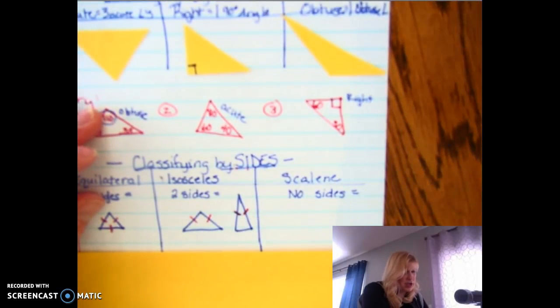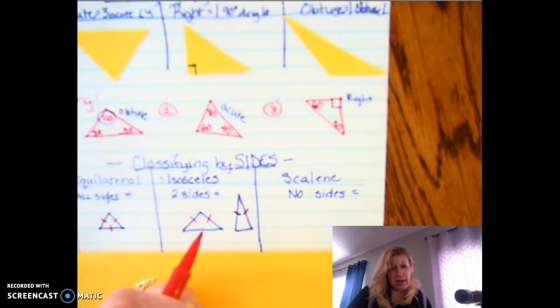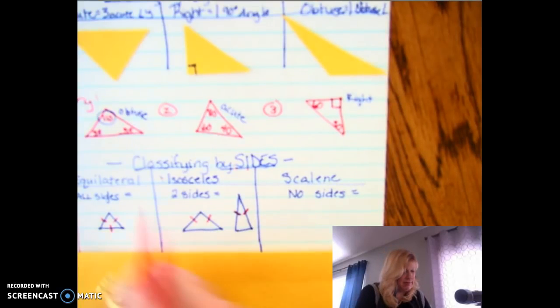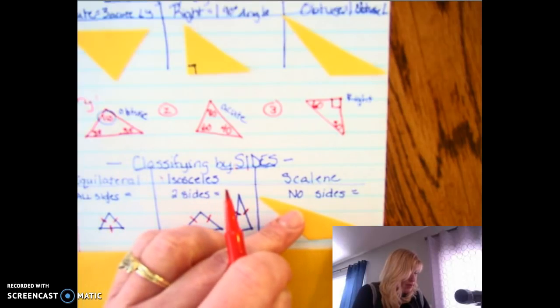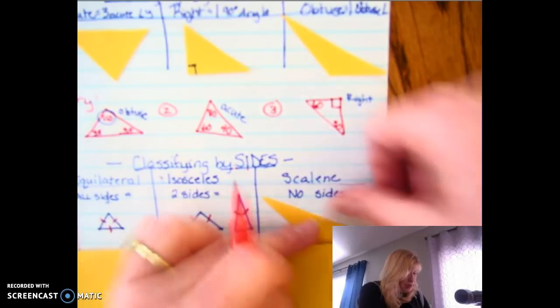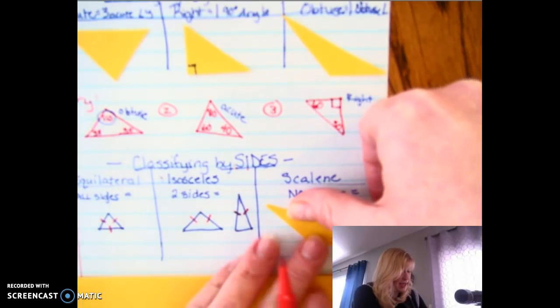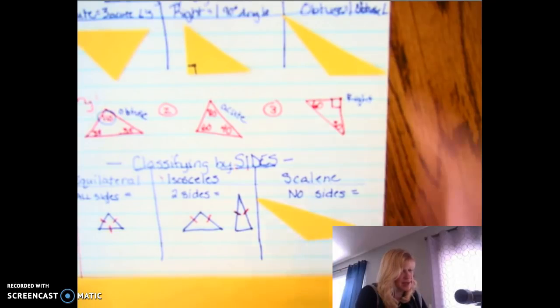Okay, a scalene triangle. I have a hard time drawing these because sometimes I end up drawing isosceles by accident. So this one, even though you can say, well, Mrs. McKinley, that looks obtuse. Well, I know I did pre-measure. None of the sides are equal, and you would see no hash marks there.